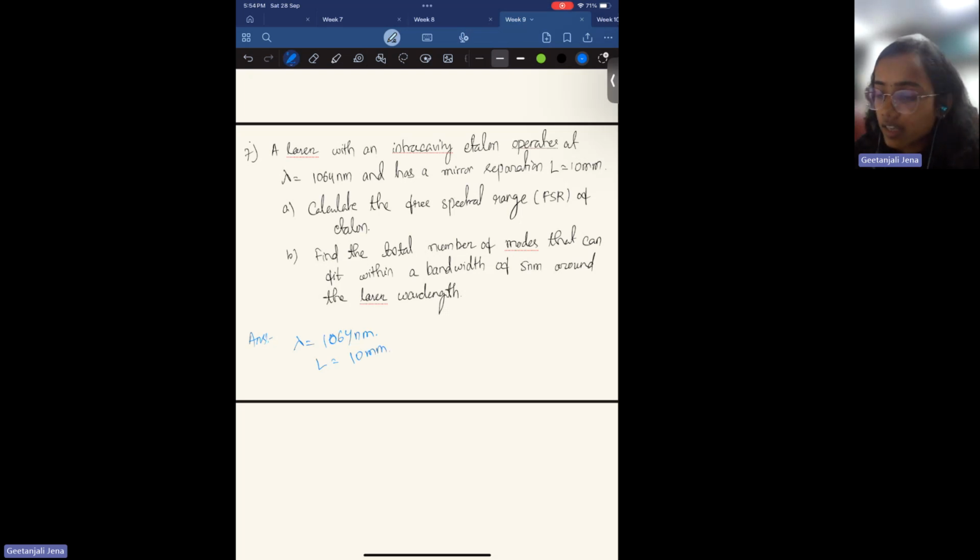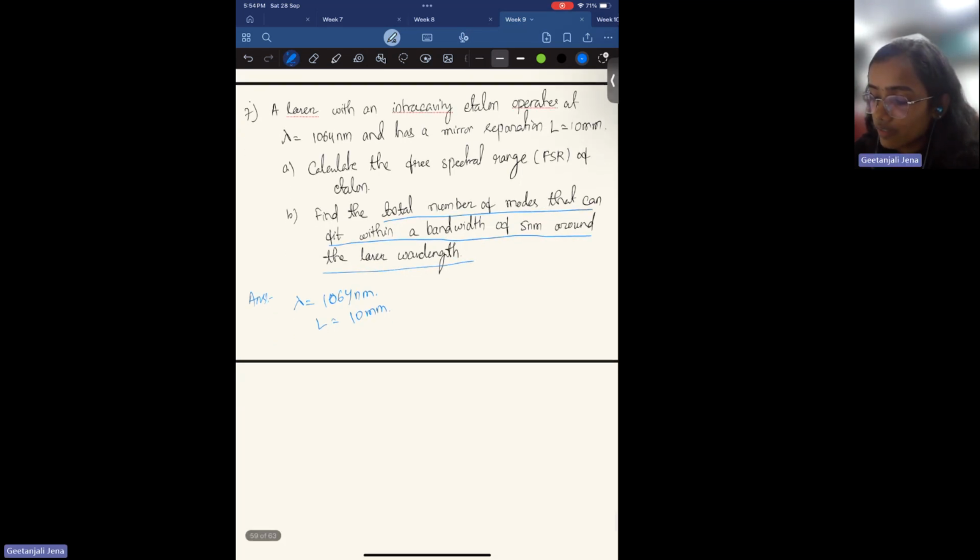Then the question is asking what is the free spectral range of this etalon and what is the total number of modes that can fit within the bandwidth of 5 nanometer around the laser wavelength. So let us see question one first.